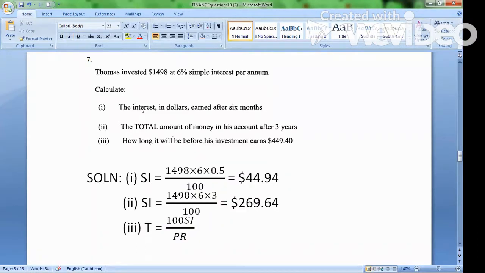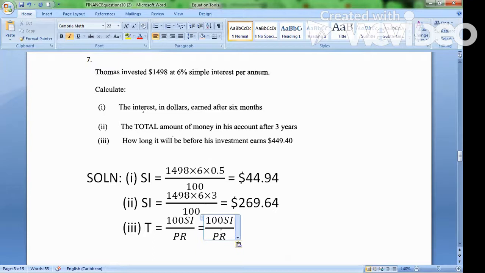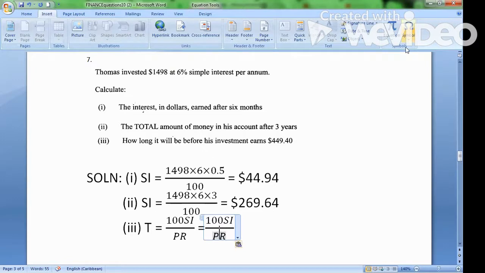All right. So what is the principal? 1498. And what is the rate? The rate is 6%. Right. What is the simple interest? No, that's for 6 months.